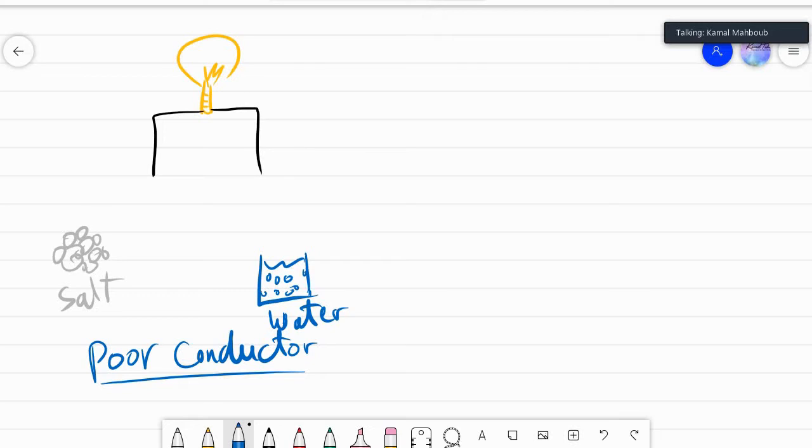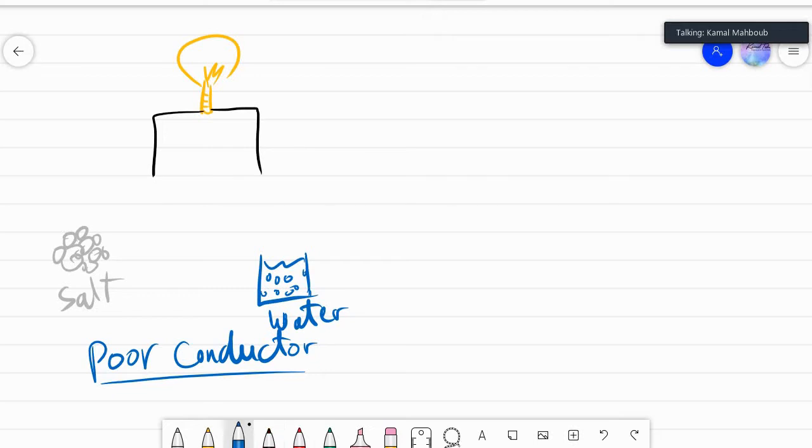What does it mean? It means that if we try to use this lamp with the salt, this lamp will not work. If we try to use the same lamp with the water, this lamp also does not work. Why? Because both of them are poor conductors.